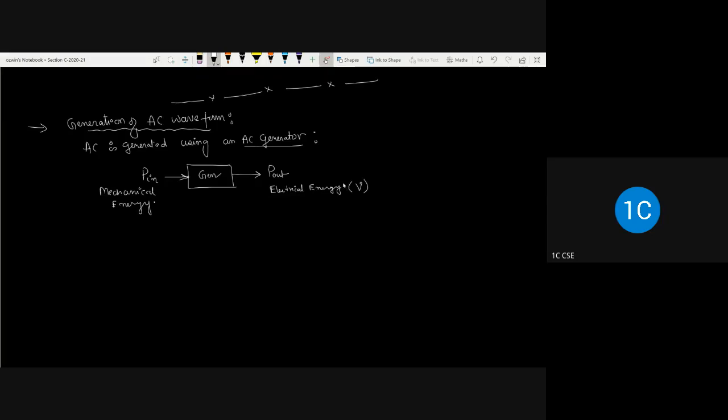So in case of an AA battery, the chemical energy is converted into electrical energy. On the other hand, in case of AC generation, the mechanical energy is converted into electrical energy. How?